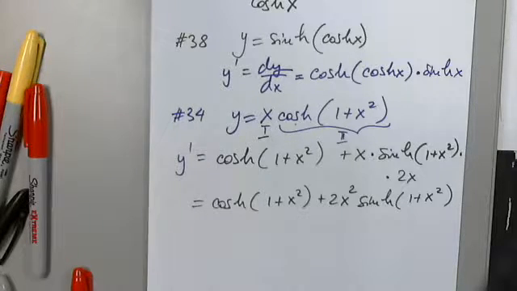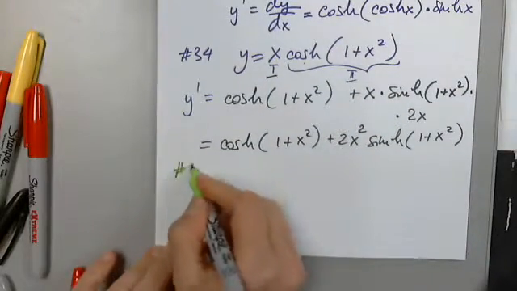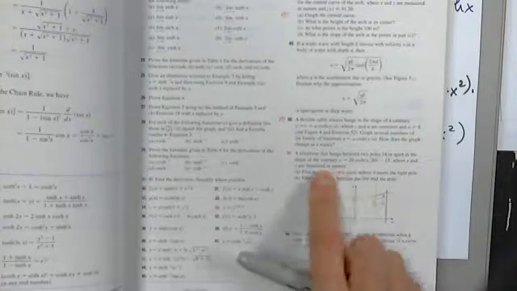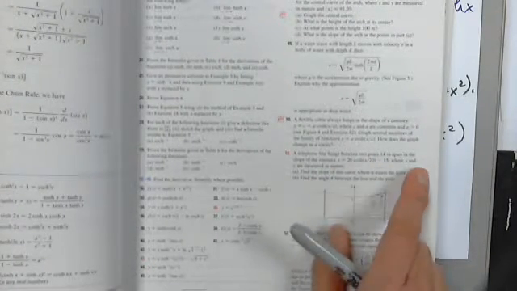Okay, do we need more with hyperbolic functions? Yeah, I would like to look at one word problem, quick, 51. We have a telephone line that hangs between two poles, 14 meters apart, in the shape of a catenary, and this is the given function, where x and y are measured in meters.